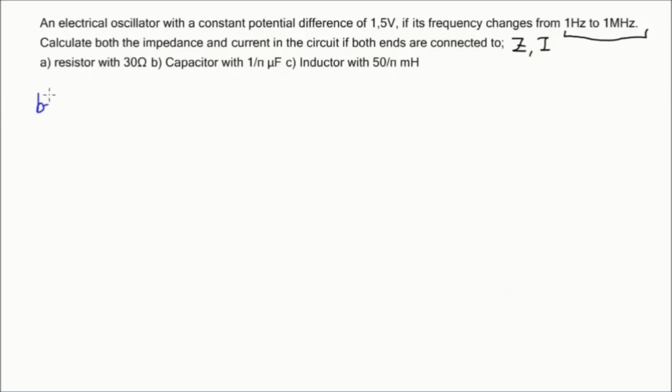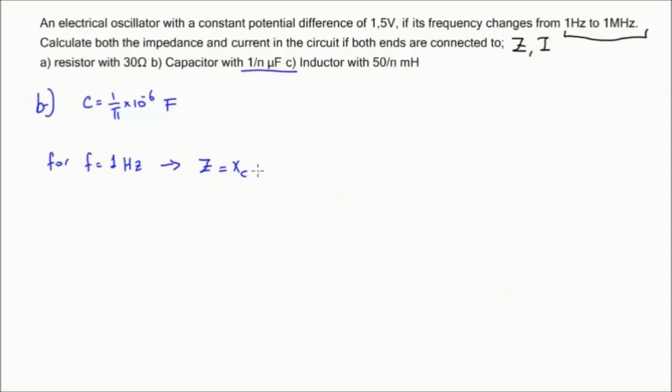To calculate B, there is a capacitor. The capacitor equals 1 over π microfarad. C equals 1 over π times 10 to minus 6 farad. We are going to calculate it for frequency equal 1 Hz and frequency equal 1 megahertz. The first one, F equals 1 Hz. In this case, Z equals XC because there is only a capacitor, so there is only capacitive reactance.